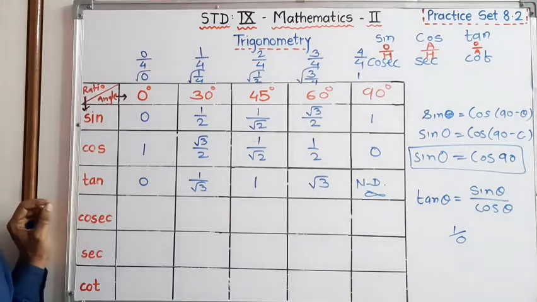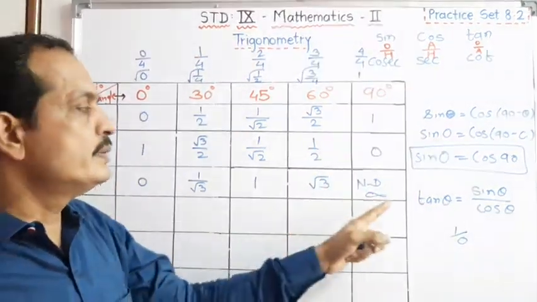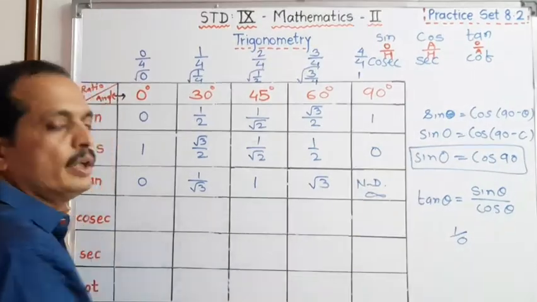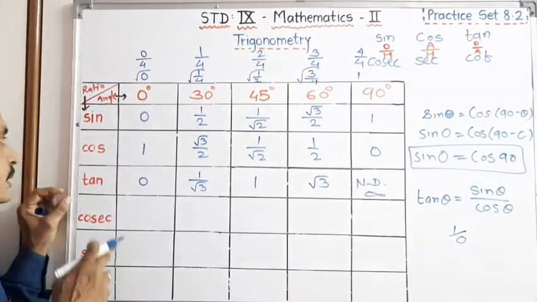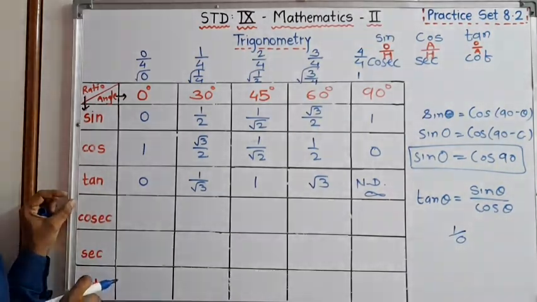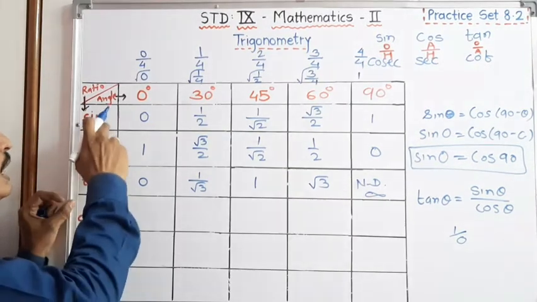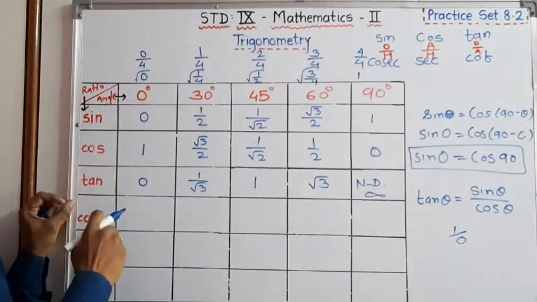Like this we will get. By using this symbol we can write it is infinity, or we can write it is not defined. After that we have to write the cosec. Dear student, all of you know that sine and cosec are inverse of each other. Got it?